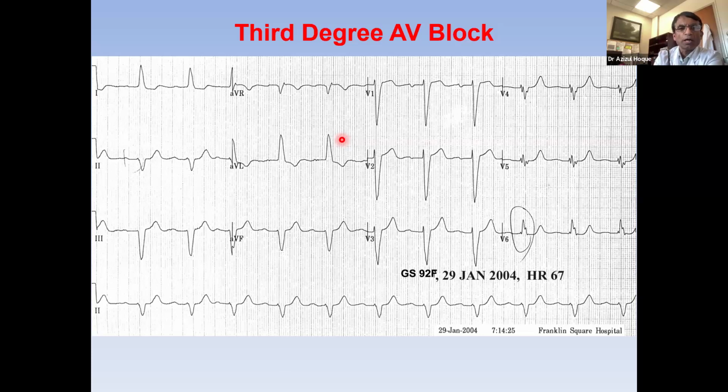He has AV nodal block, and with sympathetic activity, it's improving. On the other hand, if with the exercise stress test his block gets prolonged and more advanced, then you can make the decision of putting in a pacemaker. So we really like to do a supervised, monitored stress test in this type of situation. That is very important sometimes in clinical decision making.